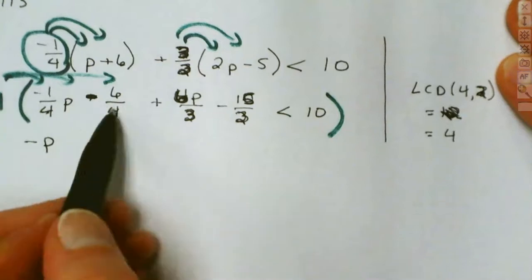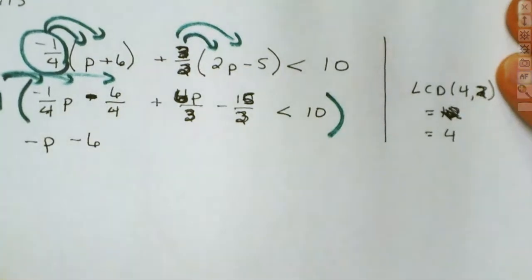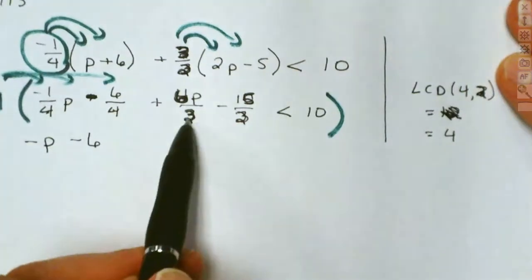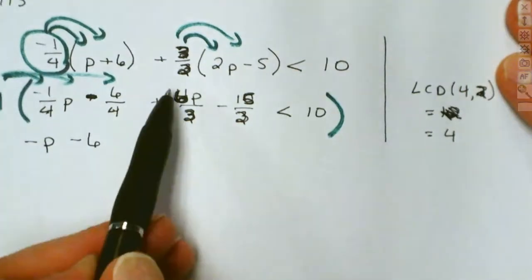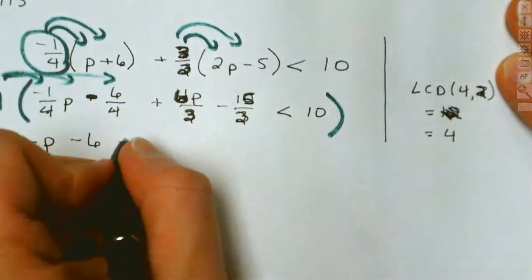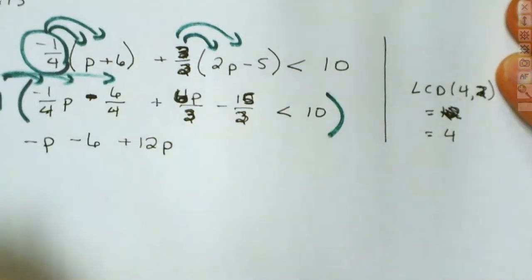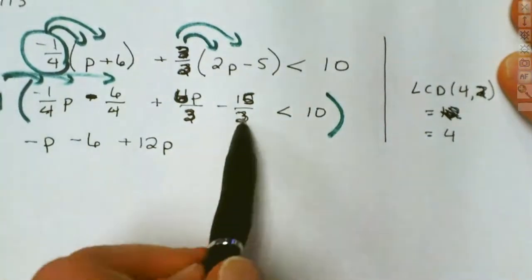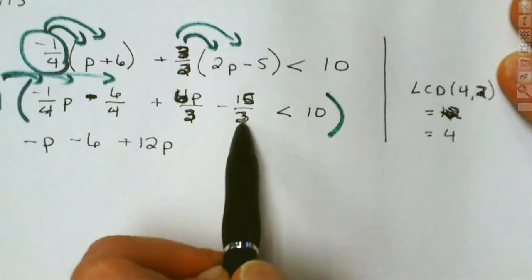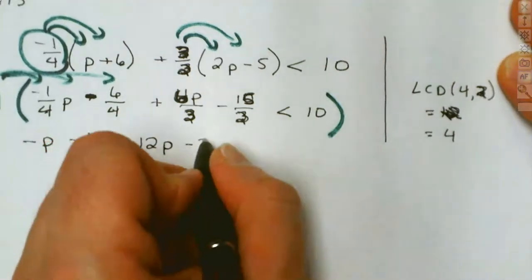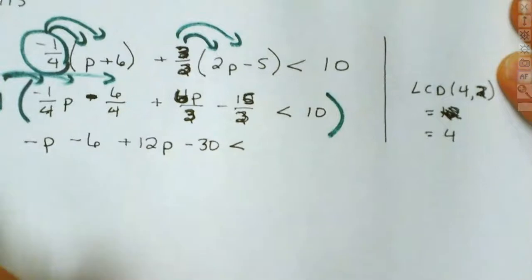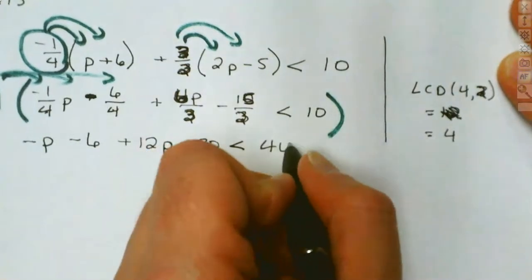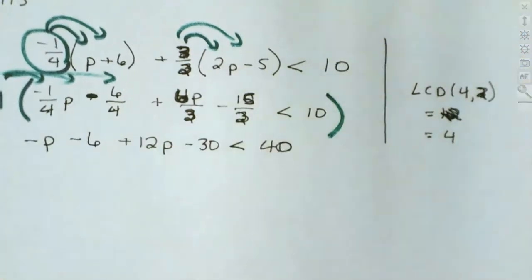The 4's cancel, leaving you with a minus 6. 4 divided by 2 is 2. 2 times the 6 makes it 12p. 4 divided by 2 is 2. 2 times a negative 15 makes it a negative 30. And don't forget the other side. 4 times 10 makes it now a 40. I think everything is right now.